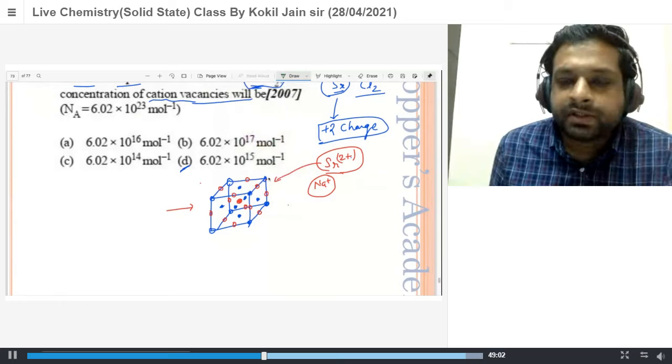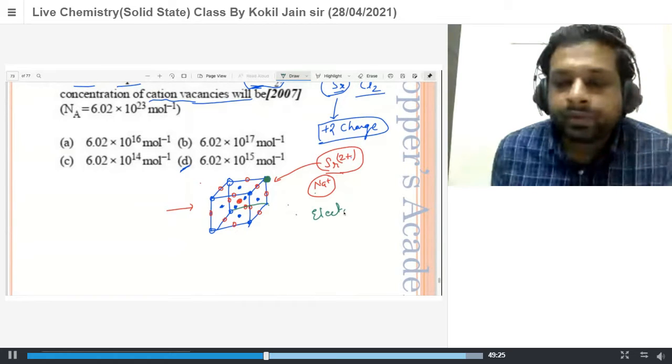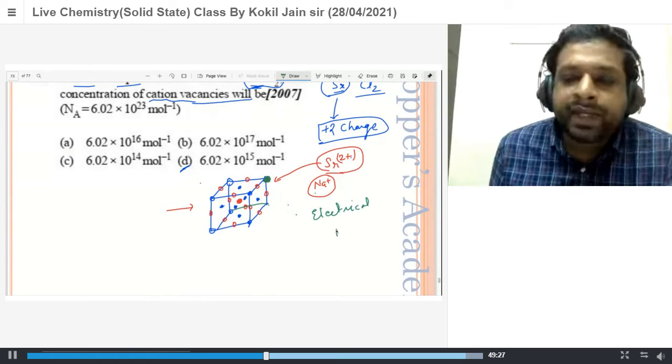What will happen is this strontium will come here, and this Na+ is going to be removed, because you have to maintain the electrical neutrality. So two Na+ sites will get vacant.